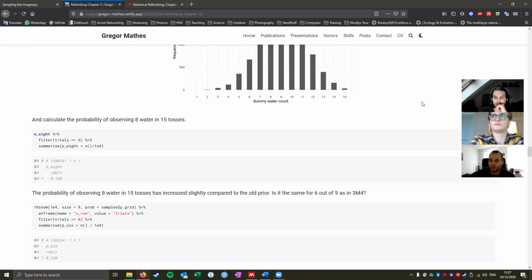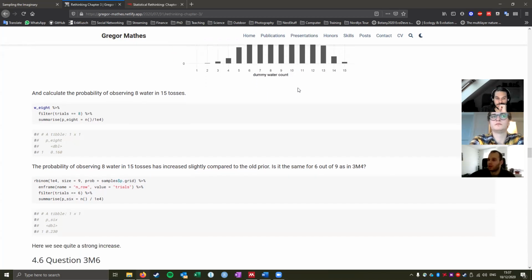Just to compare to question 4 from the medium questions, I was trying to get the probability of 6 water in 9 tosses, which is 23%, and the previous one was 18%. So this is quite a strong increase.